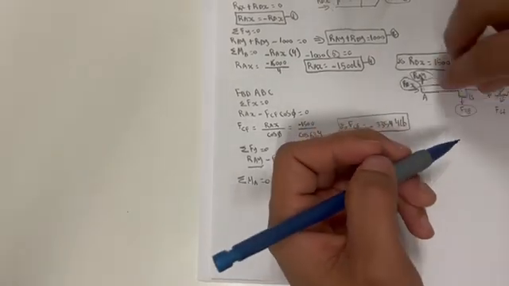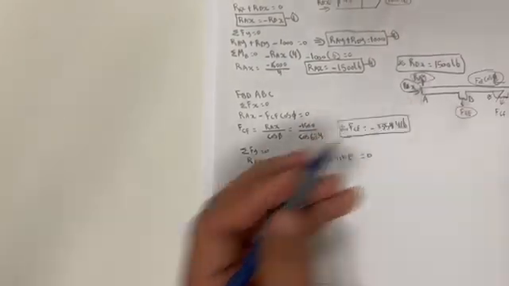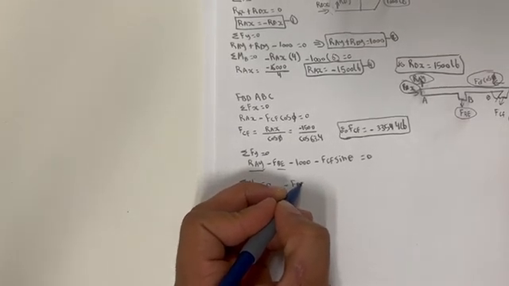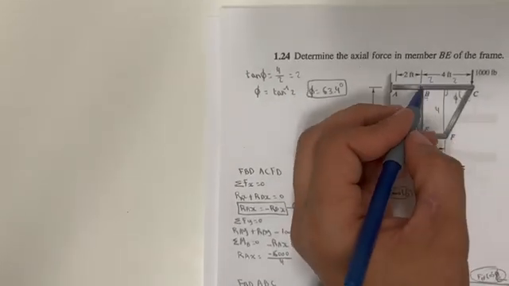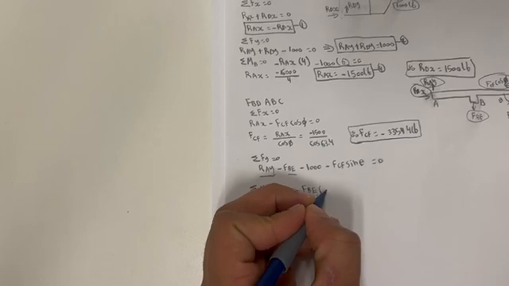Okay, now we have FBE also going clockwise, so it will be negative FBE. What is the distance here? FBE is 2 feet, so that's multiplied by 2.